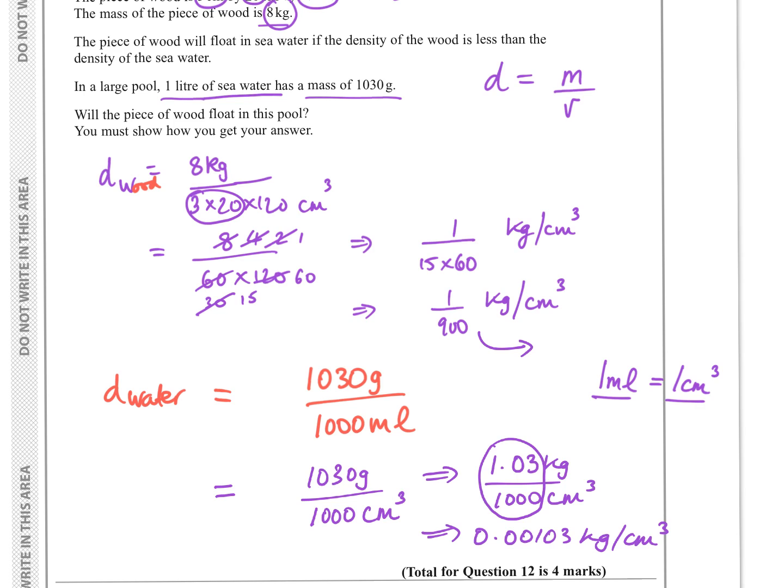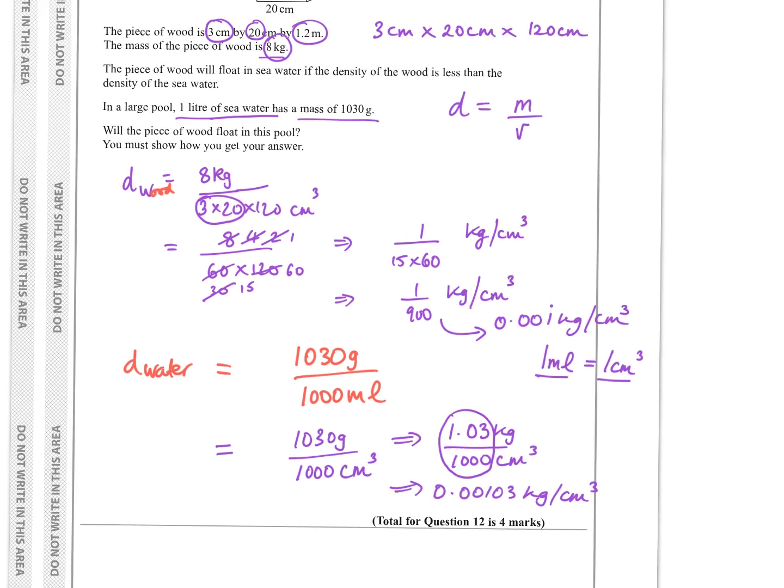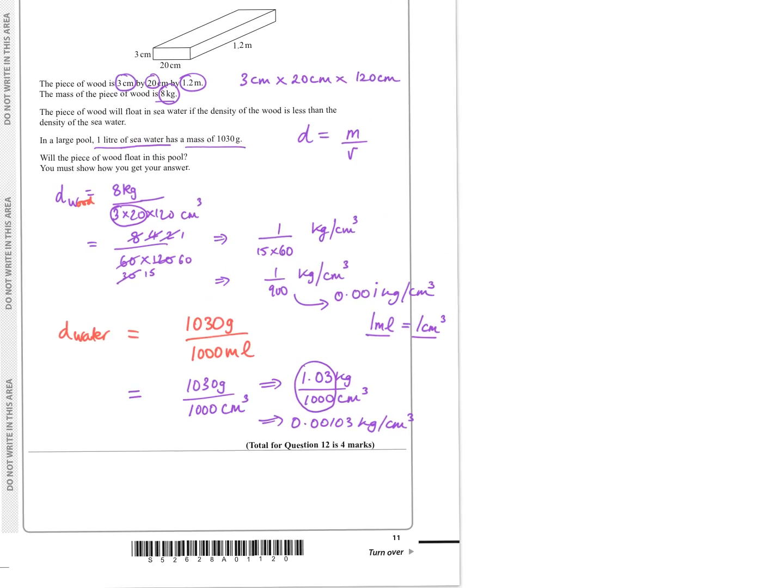And then if we convert the 1/900th, that's going to have some ones in it, I think, some recurring parts. So 1 divided by 900, and that as a decimal is 0.001 recurring kilograms per centimetre cube. So I think all we've got to do now is underline this here.